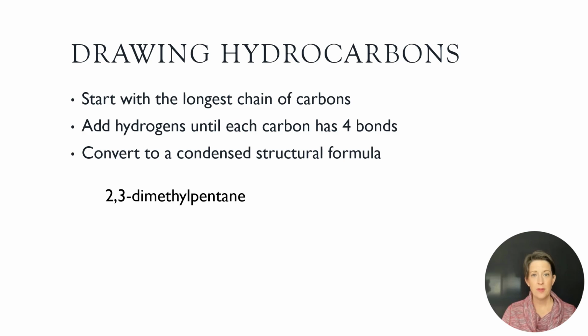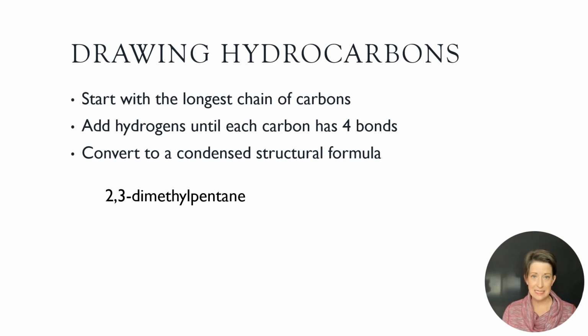Here we have a little bit more of a complicated structure. It's got substituents that are branched off of that parent chain. So I'm going to take a second and highlight each unique feature in the name so I know how to draw this organic compound. Reading this, I see 2,3-dimethyl. The fact that I see numbers tells me we have branches.